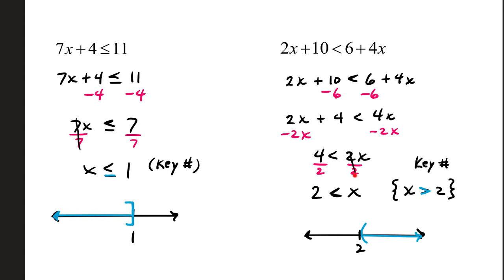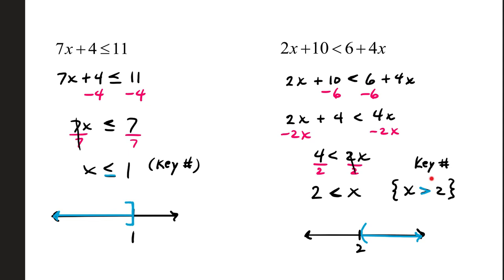Solving for x, we divide by 2. 2 divided by 2 is 1x. 4 divided by 2 is 2. We do not turn the inequality around because we divided by a positive number. These inequalities are easier to read if x is on the left, so it's okay to rotate it, like if you pick this up and rotate it, the symbol will still need to point towards the 2.